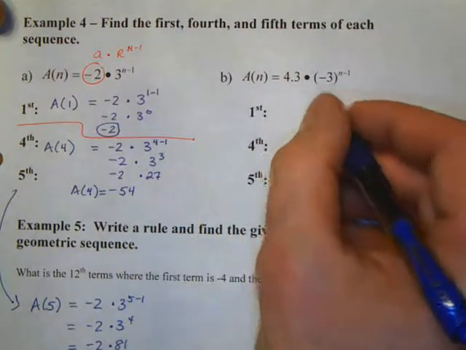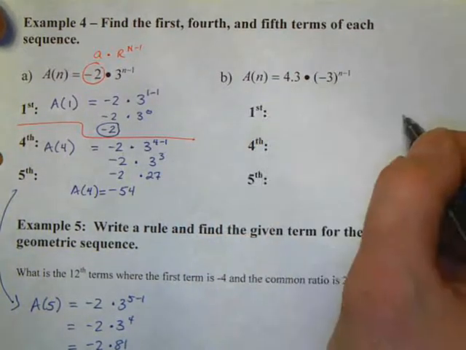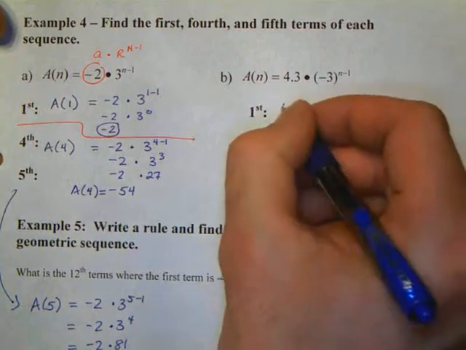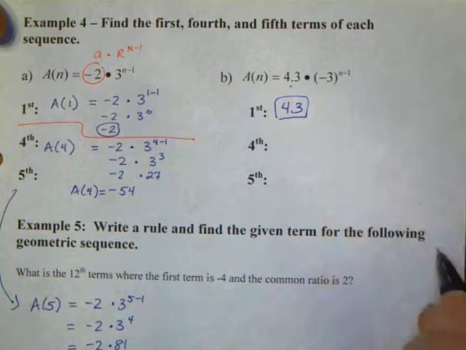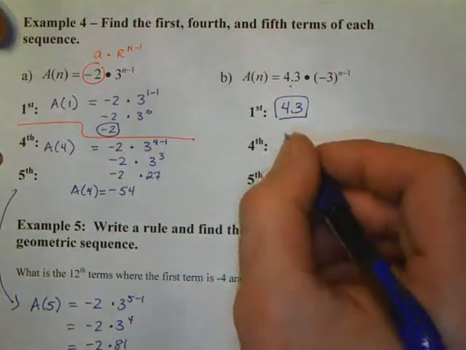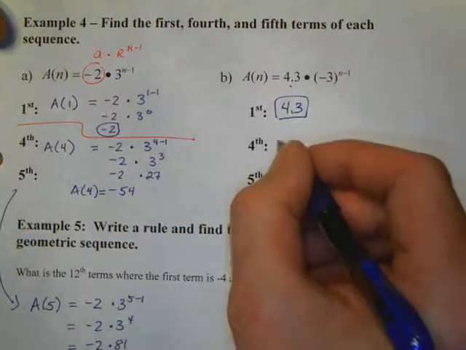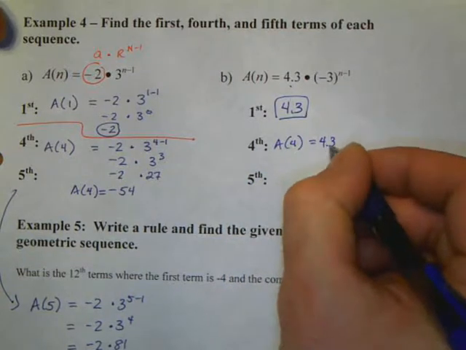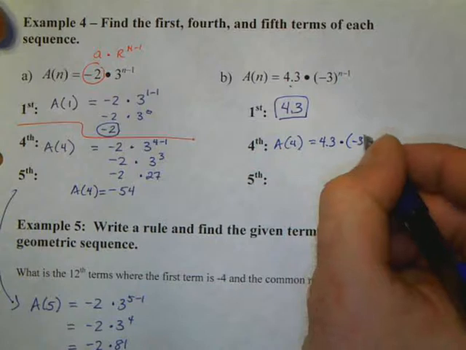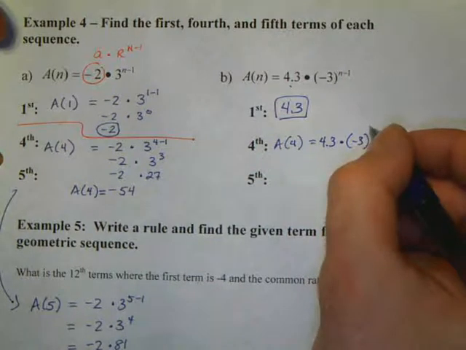So 3 squared is 9, and 9 squared is 81. So we have negative 2 times 81, since 81 is 3 to the 4th. Very simply, you can multiply that on your calculators if you need to, and 81 times 2 is negative 162. So our fifth term is negative 162.